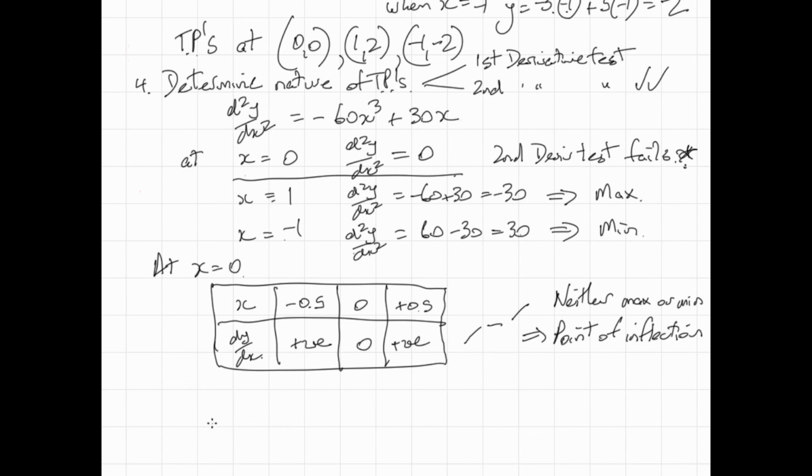So we can now put all that together. The 3 points were: at 0, 0, we have a point of inflection, POI. At 1, 2, when we put 1 in, we get a local maximum.